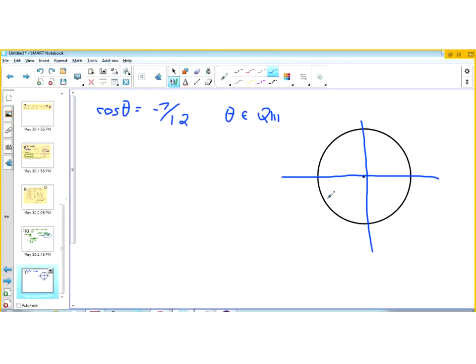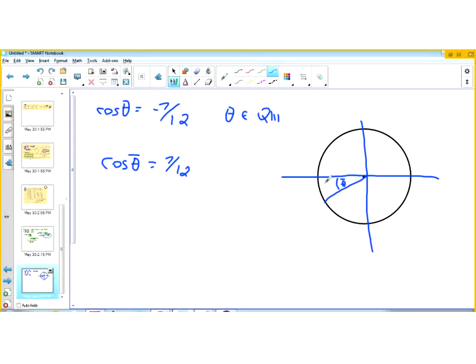So theta is a quadrant 3 angle, so something like this. The reference angle will be here. So this would be theta bar. So we know that the cosine of theta bar is equal to 7/12.